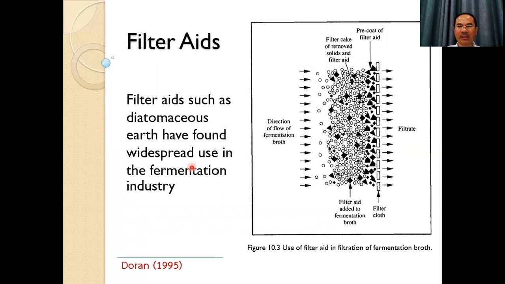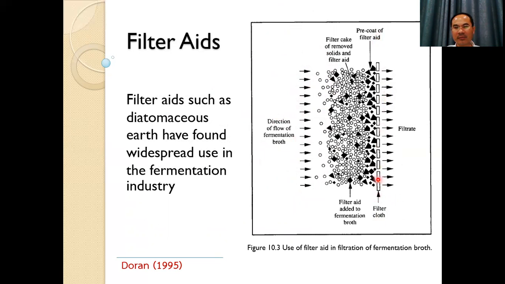This figure shows the function of filtration. This direction is the direction of the fluid flow. Please remember that the fluid includes very small solids mixed together with the liquid, and we would like to separate the solid from the liquid.